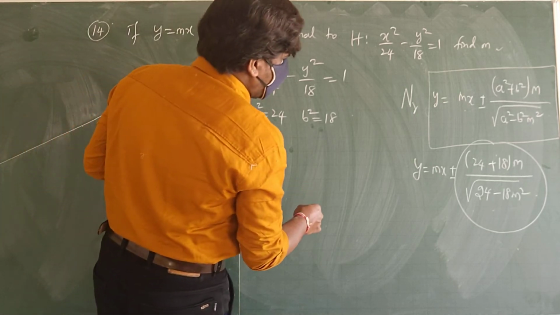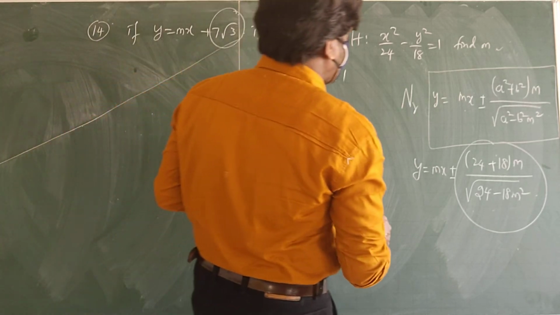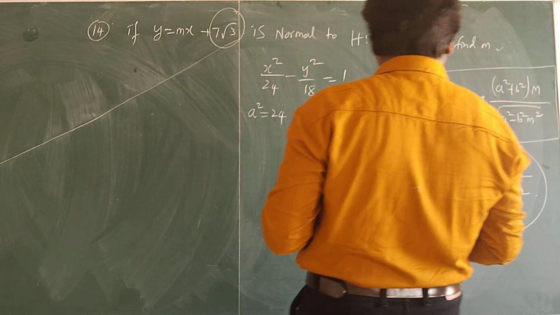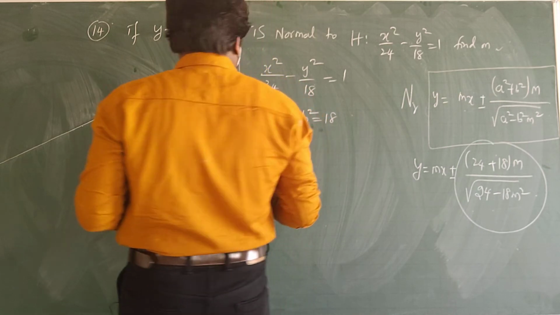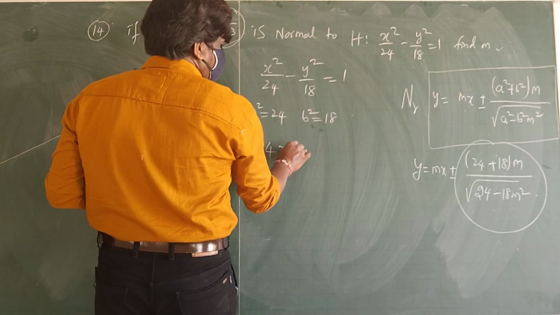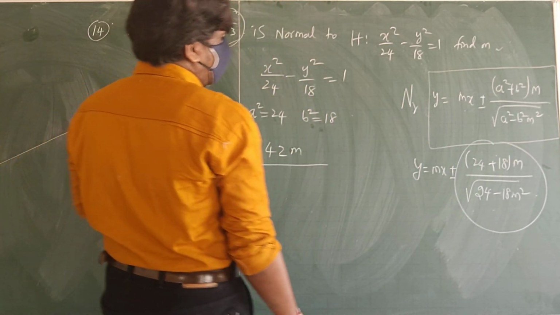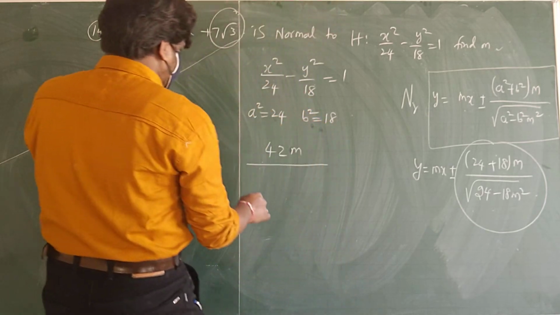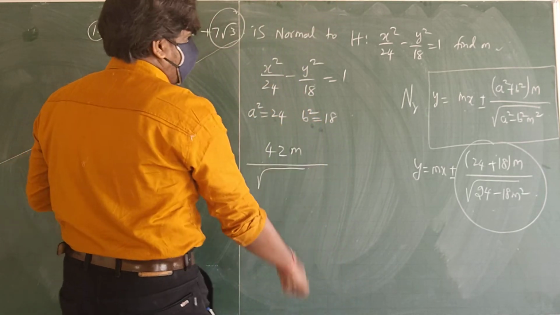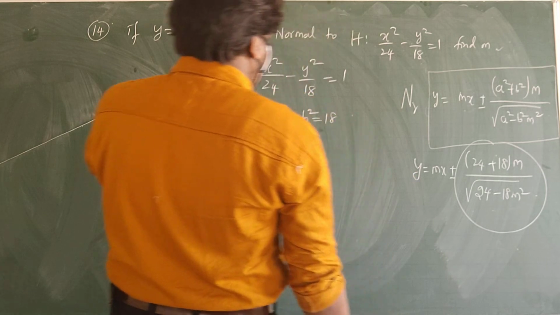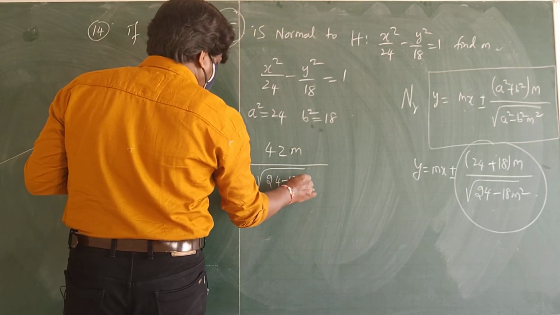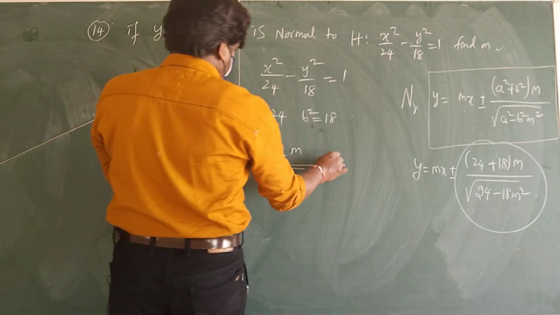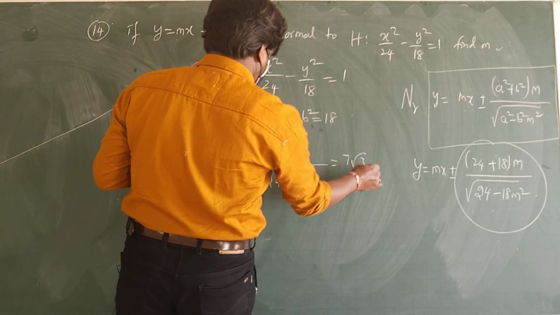So what I am going to get here, 24 plus 18, you are going to get 42. 42m by under root of 24 minus 18 m square is equal to 7 root 3, given.